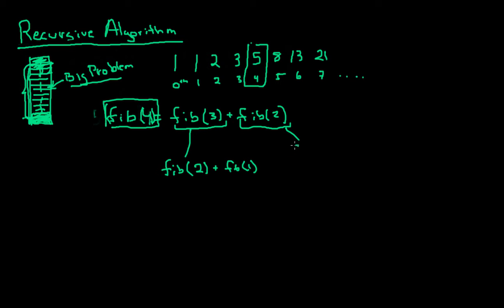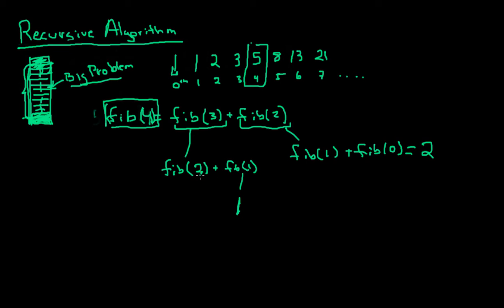In order to find the 2nd one, we need to find the 1st Fibonacci number and the 0th Fibonacci number. And since these two are by definition 1 and 1, here we could end up just returning 1 plus 1, or 2, and the same idea here, this one would return a 1.